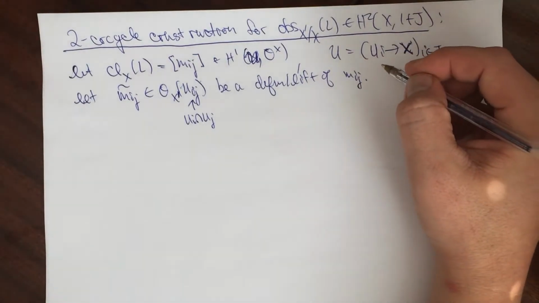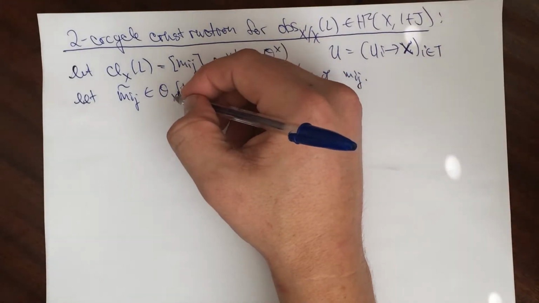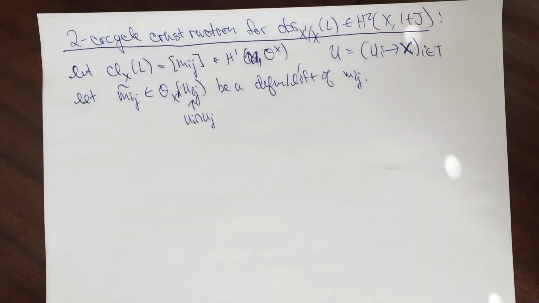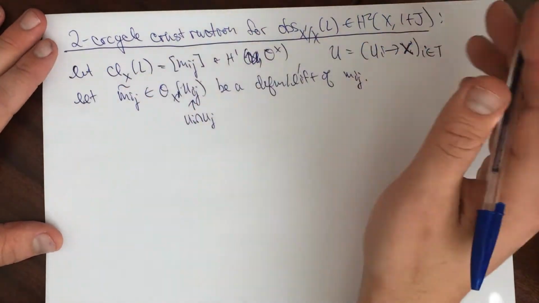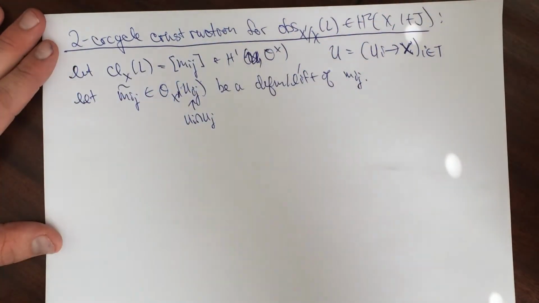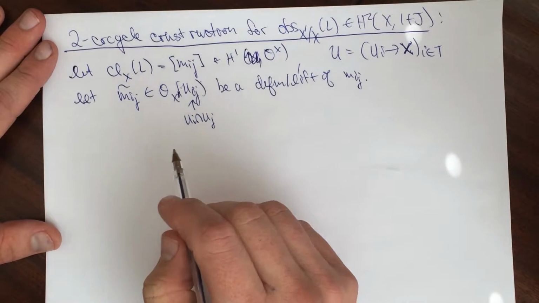So this means that these guys are going to be in X prime, and the reduction mod J is going to be Mij. And we're not going to impose any other conditions. We're just going to take some random lifts of Mij.